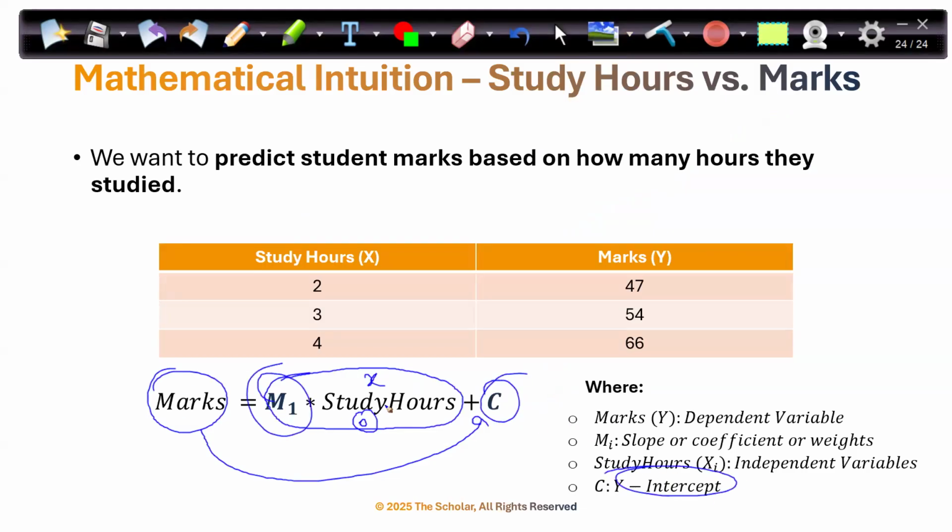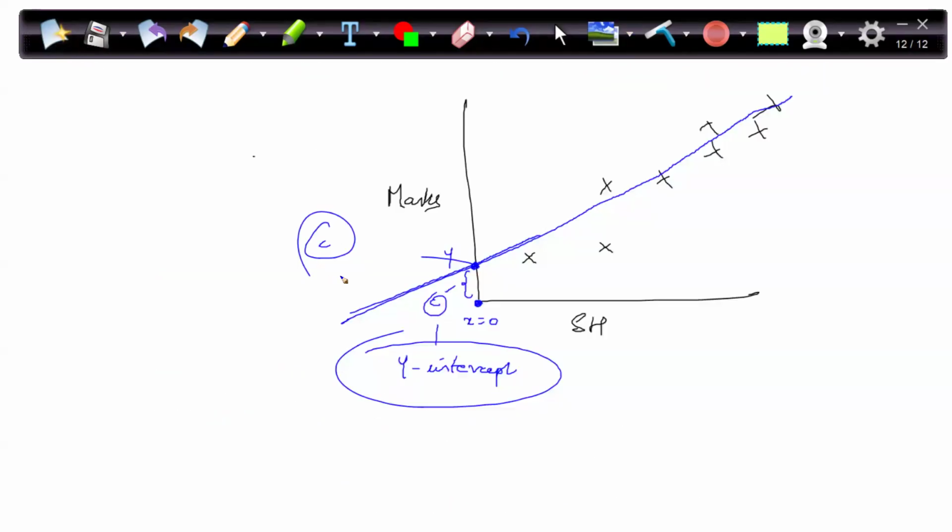Second is this m1. What is m1? m1 is nothing but the slope of a line. What is the slope of a line? You can also say it as, let me zoom this, right?